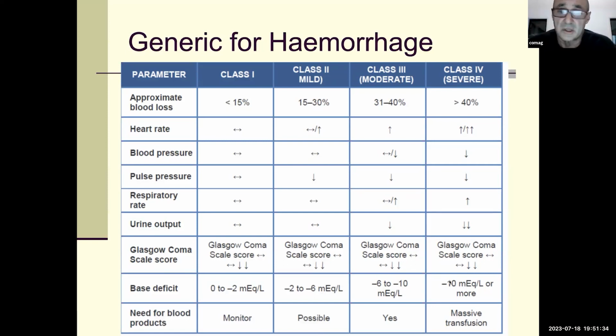You've got to lose a lot of blood before you'll actually drop your blood pressure. Pulse pressure is a little more sensitive. Your respiratory rate will reliably go up and your urine output reliably down, and coma score reliably down, and base excess, which we talked about last time, is another nice marker. Down the bottom there is the need for blood, predictable. Next slide.